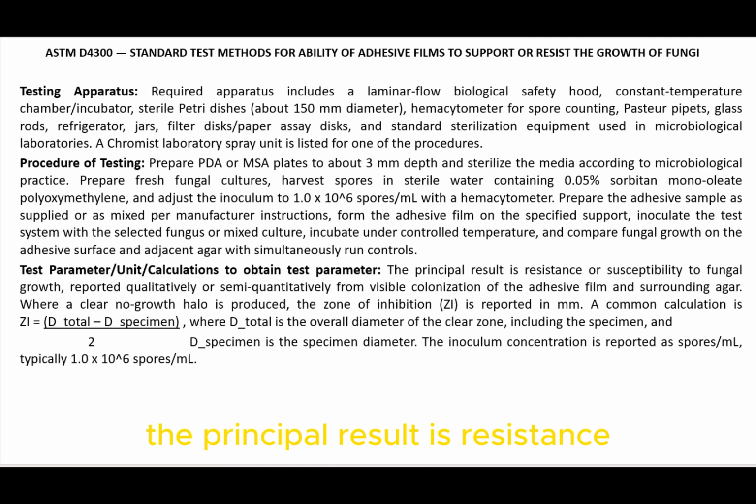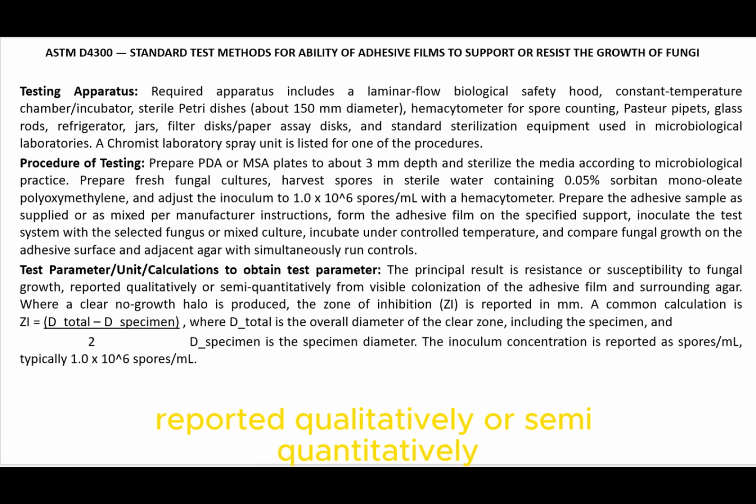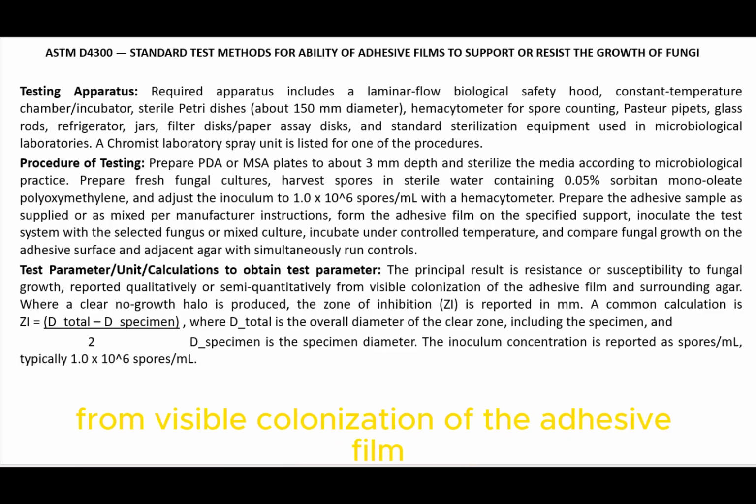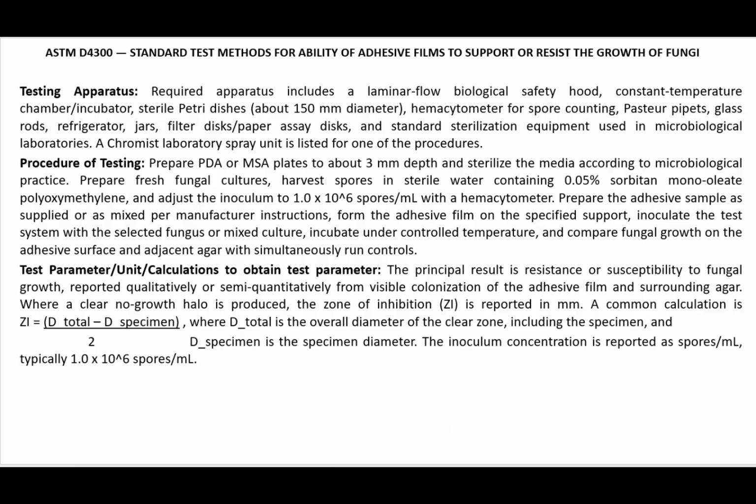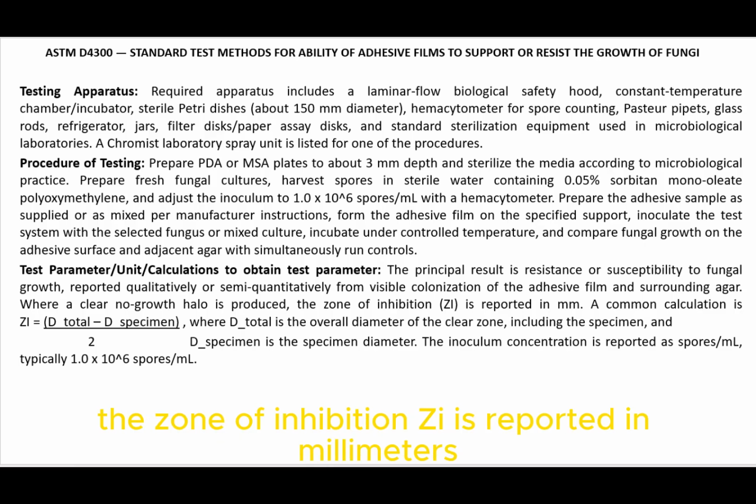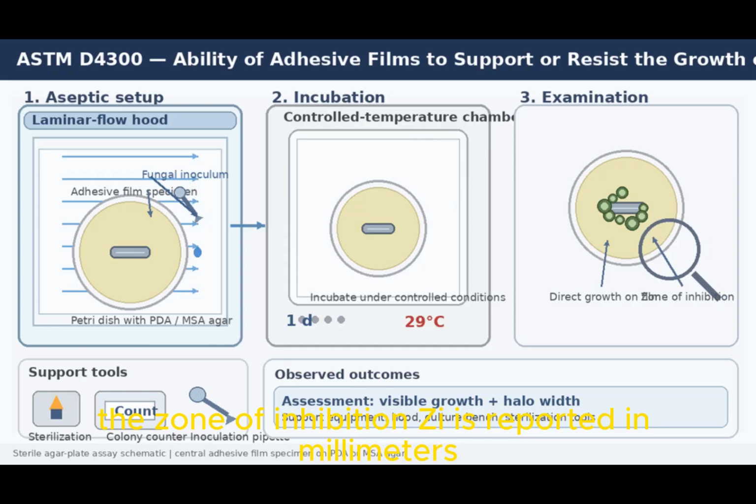The principal result is resistance or susceptibility to fungal growth, reported qualitatively or semi-quantitatively from visible colonization of the adhesive film and surrounding agar. Where a clear no-growth halo is produced, the zone of inhibition, ZI, is reported in millimeters.